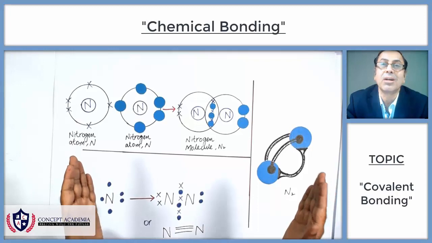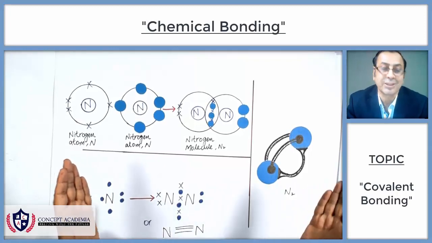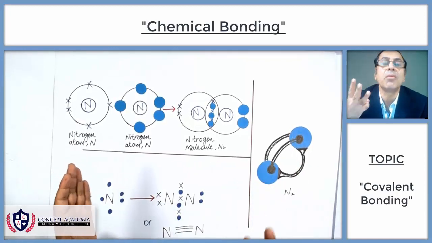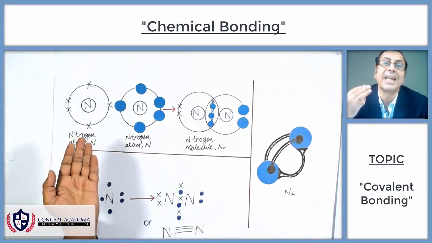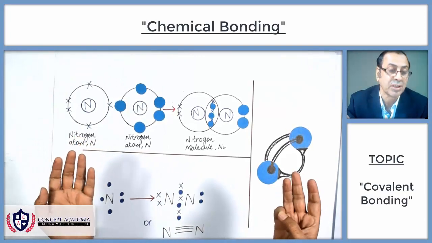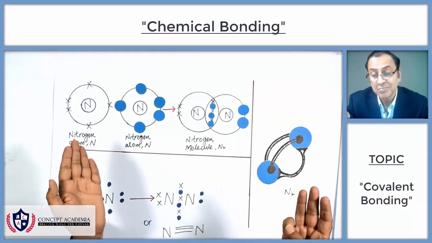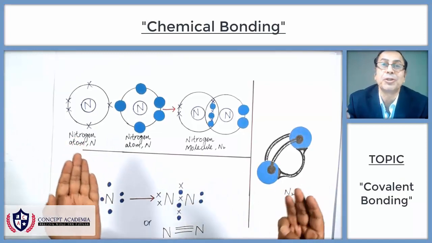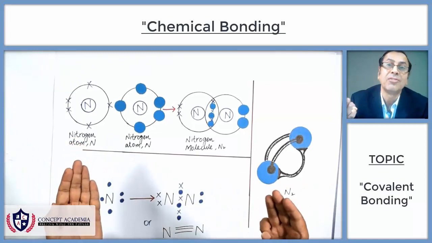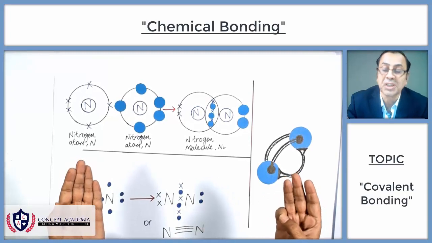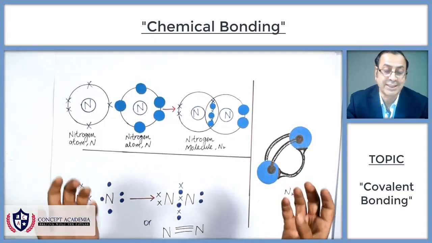It requires an octet. It needs 8 electrons. It has 5 and needs 8, so it needs 3 more electrons. Each nitrogen needs to contribute 3 electrons for bond formation to get an octet.